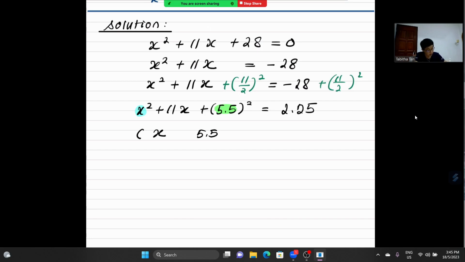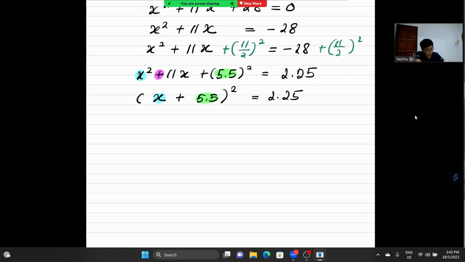Then according to the operations here, the 2ab is plus, so we shall put a plus in the middle, and then this whole thing is going to be squared. I want to emphasize so that you can catch the pattern. The x that you get from the previous line, you bring it down. The 5.5 you get from the previous line, you bring it down. And now the rest is simply 2.25.